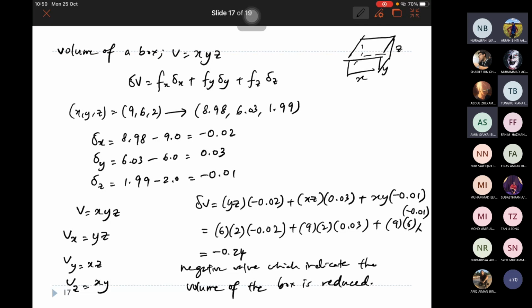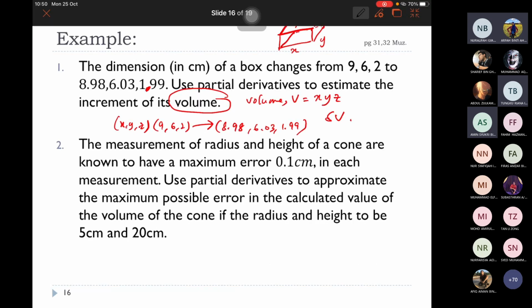So the next question says the measurement of radius and height of a cone are known to have maximum error 0.1 cm in each measurement, meaning the radius and the height each have 0.1 cm error.